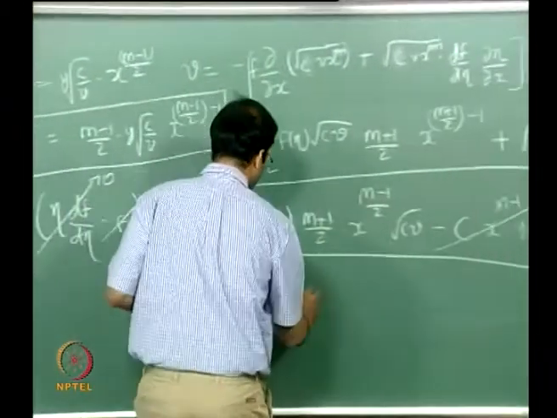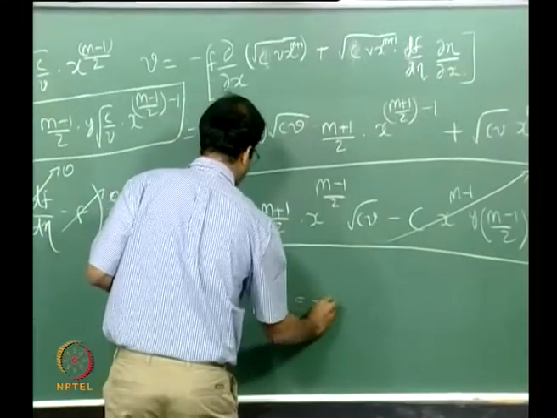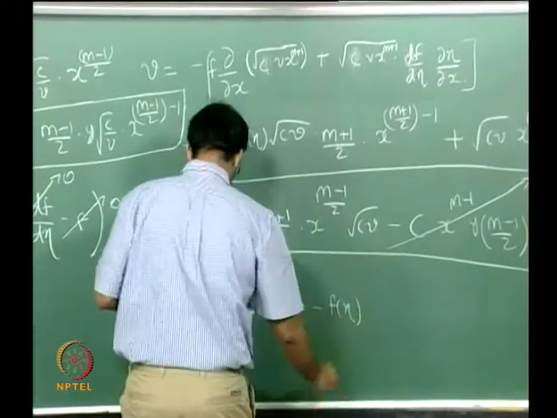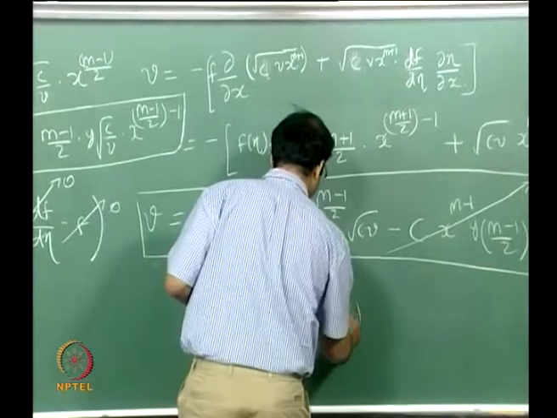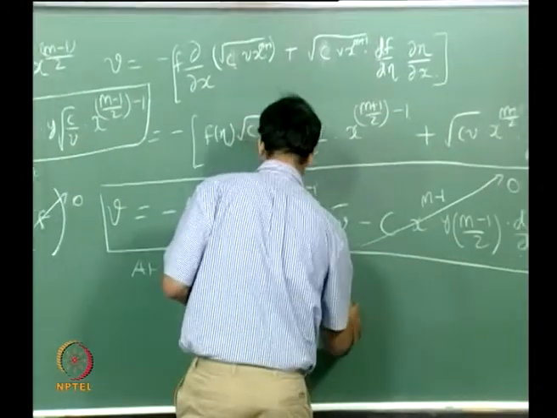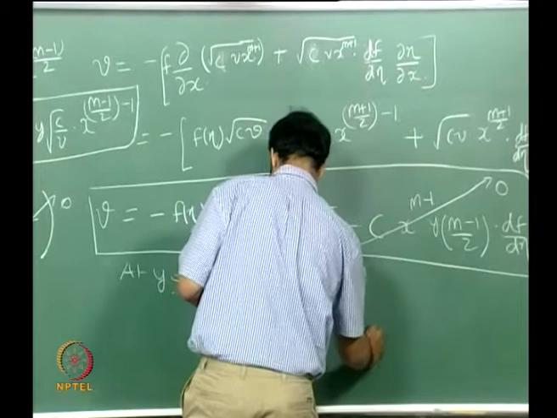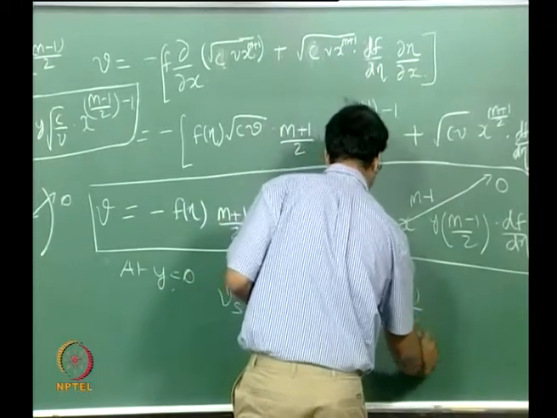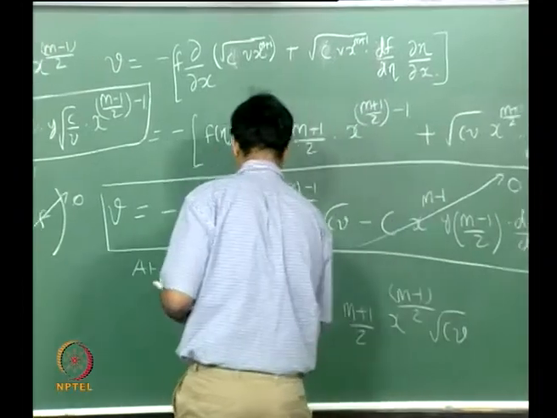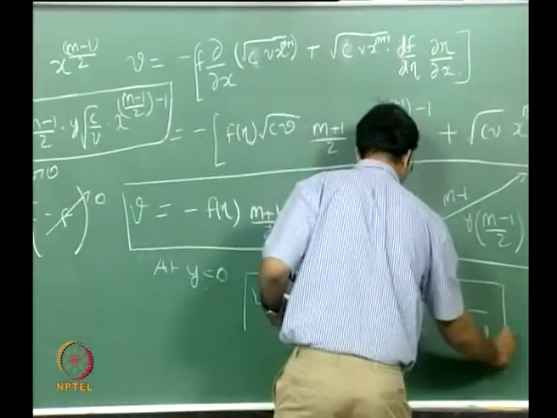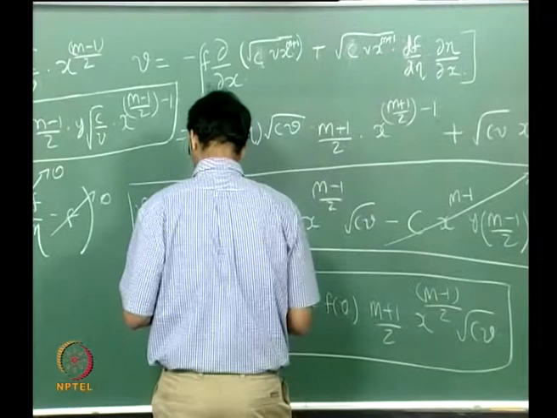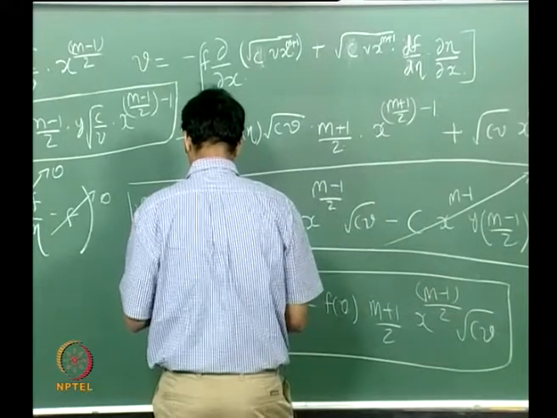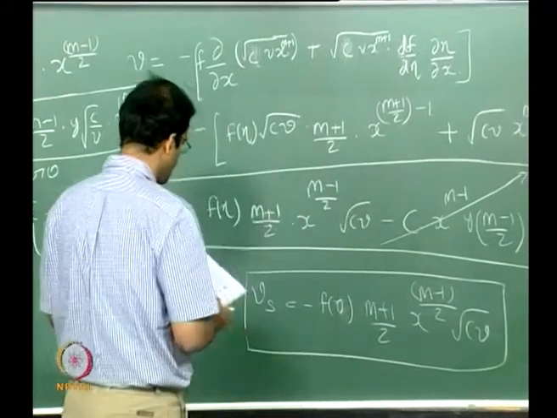So this will be equal to v small s, which will be minus f of 0, at eta equal to 0, m plus 1 by 2 x power m minus 1 by 2 square root of c nu, okay. So this is the expression for the transpiration velocity at the wall.